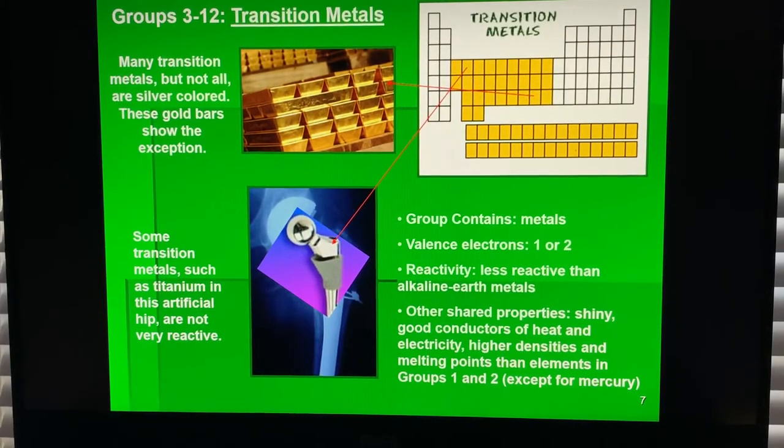And some of them are more reactive than others. If you were to make somebody an artificial hip bone and socket, or the ball part that goes in the socket, out of iron, for example, it would look real pretty going in, but within a day or two, it would be rusted like the Tin Man. So, it would be toxic inside the human body.